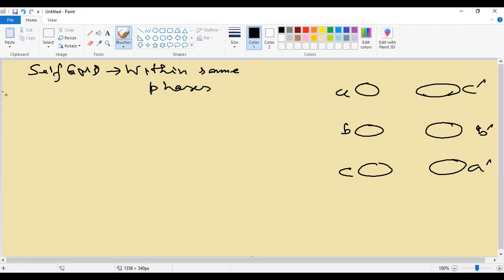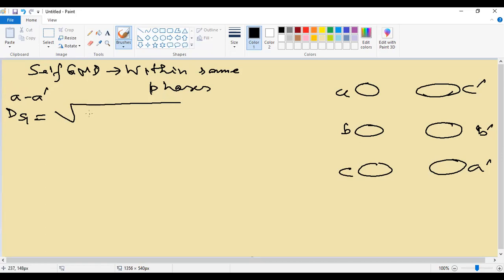So now let us say the self GMD for the conductor combination of A and A dashed. What will be the self GMD? We'll symbolize it by DS1. Now we'll put the root of this, and how many roots will come later on. Here you have to understand this.